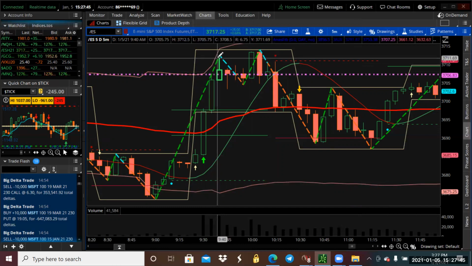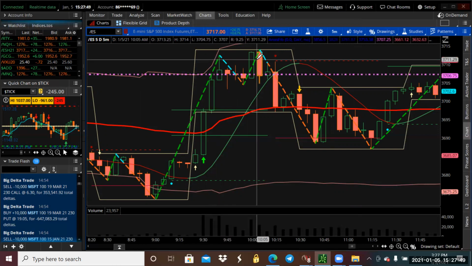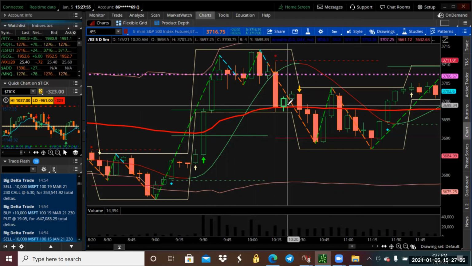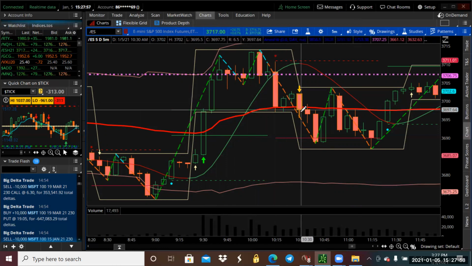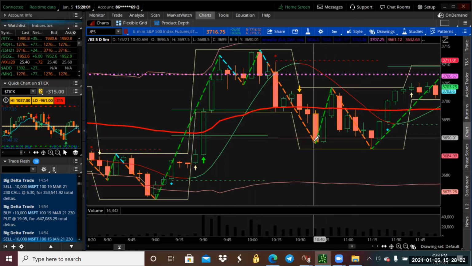I exited at 11. Okay, so we have this M pattern here, and I also said that you could probably short to the BWAP. So that's here, and it kind of crosses there and stops right on your W pattern.